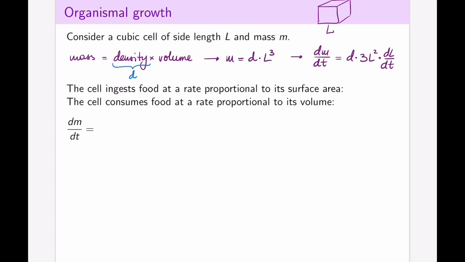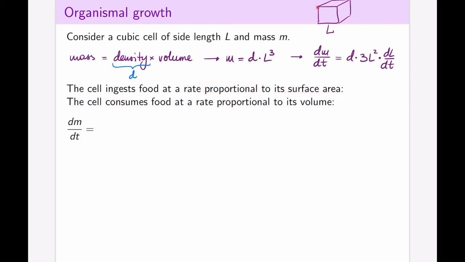So let's take a look at some biological processes that occur within the cell. The cell ingests food at a rate proportional to its surface area, and that is because it ingests food by allowing it to permeate through the membranes from the outside. That means I have some sort of proportionality constant times the surface area.